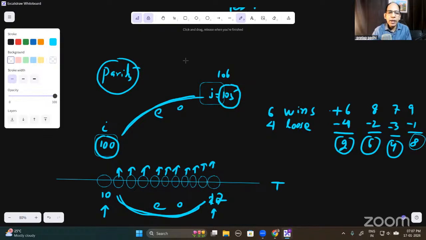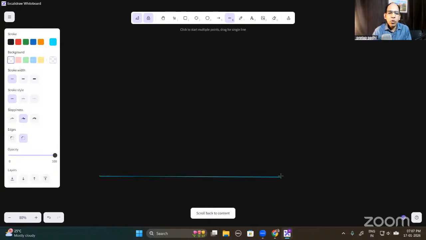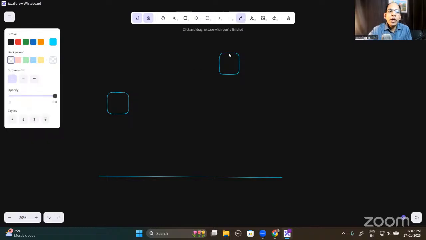So what we are saying here is something like this. Suppose you want to make it from I to J. So what is the net gain? The increment. You want a gain of J minus I. Suppose from here to here, this is time t, and this is t plus n moves.